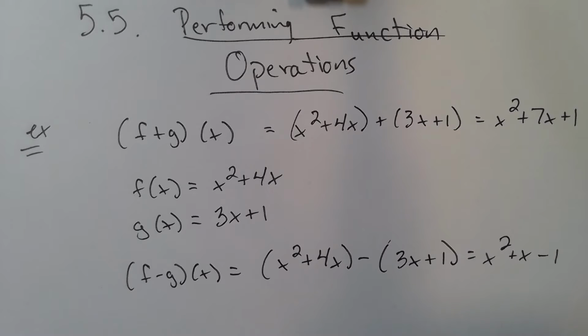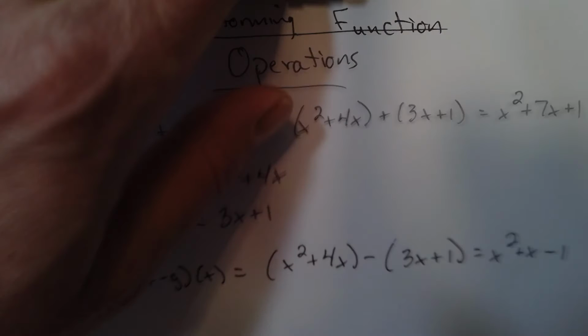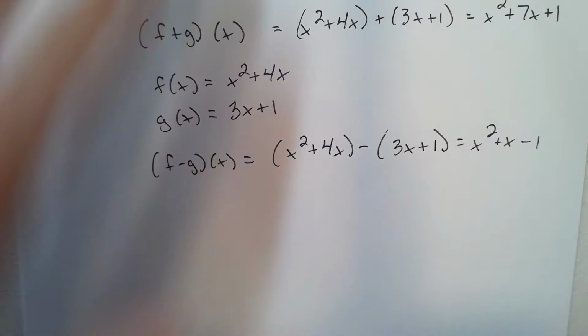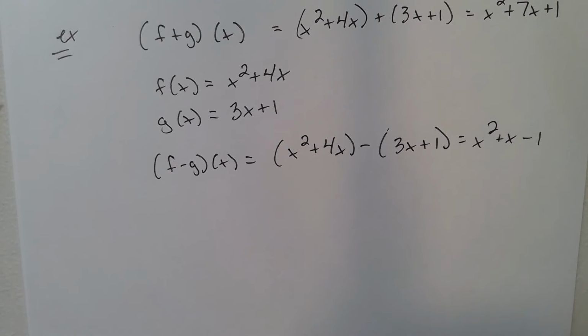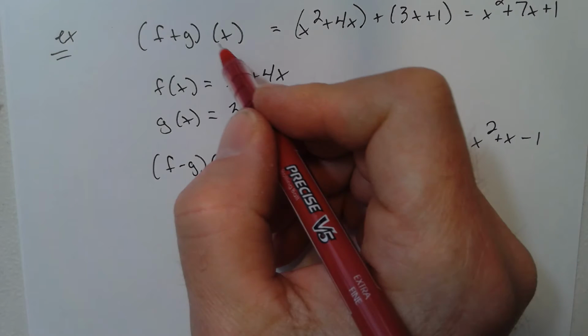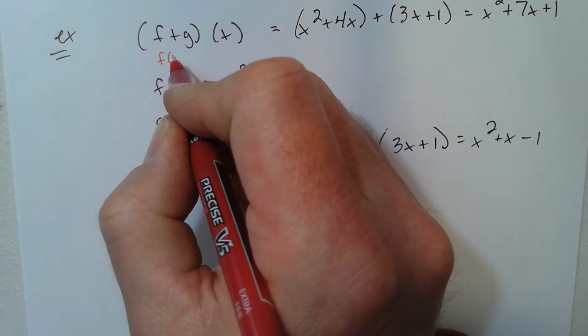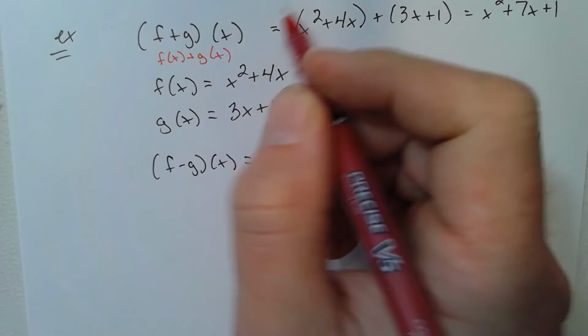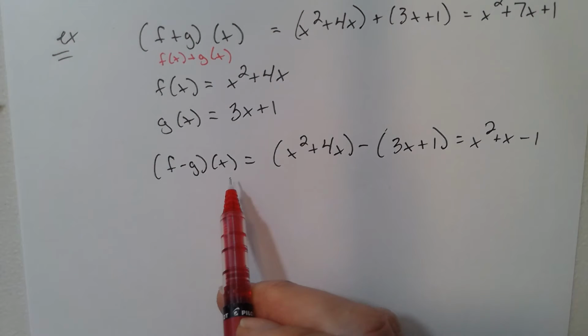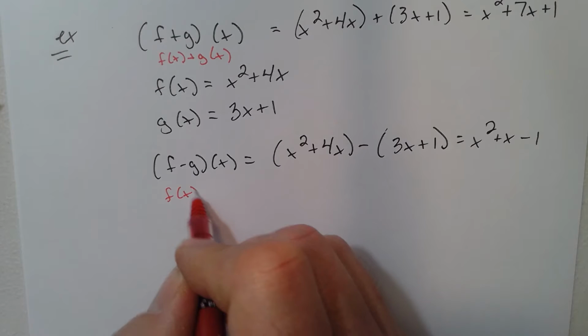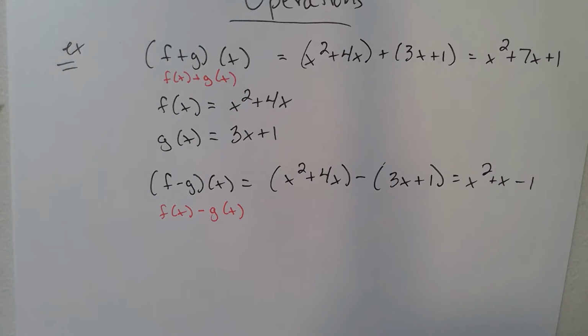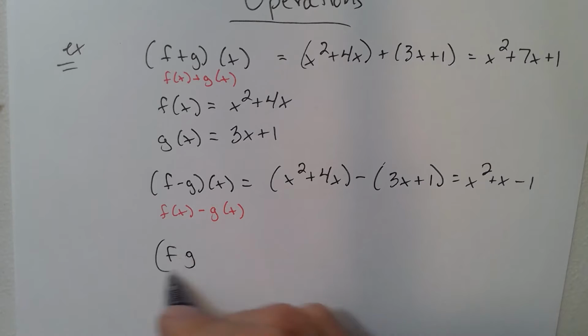Alright, so I should write f plus g of x is the same as f of x plus g of x. f minus g of x is the same as f of x minus g of x.